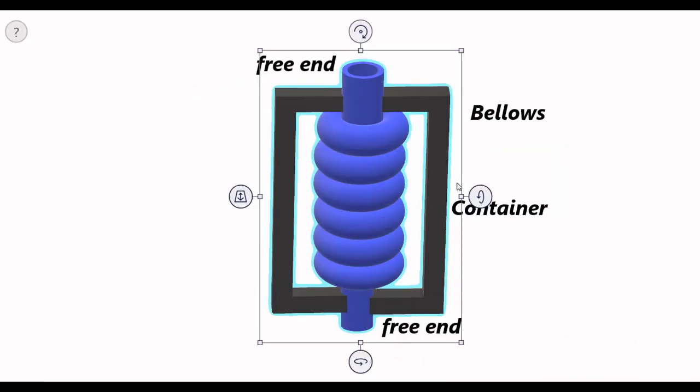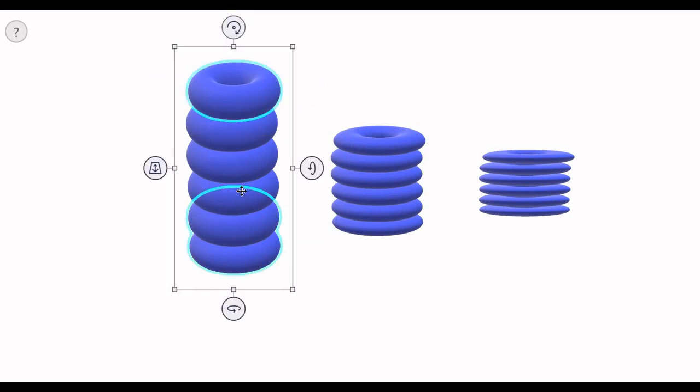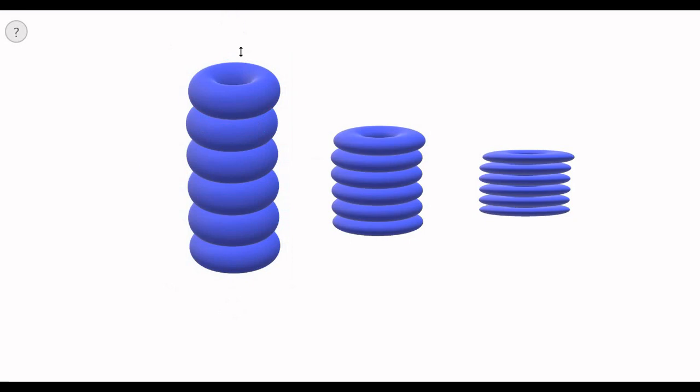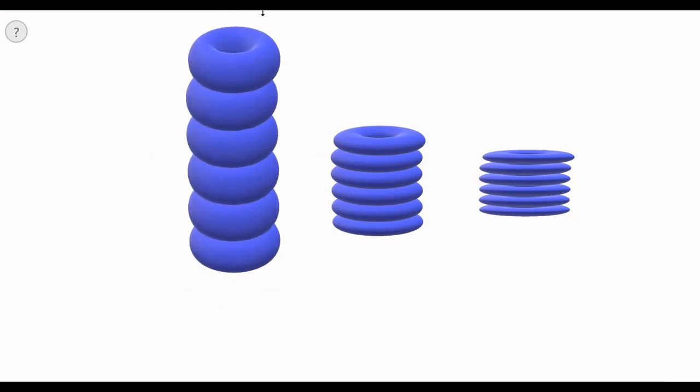So as we discussed, whenever there is any pressure difference between the inside and the outside of the bellows, the bellows are axially stretched or compressed. As you can see here, these convolutions or corrugations either get compressed or stretched.